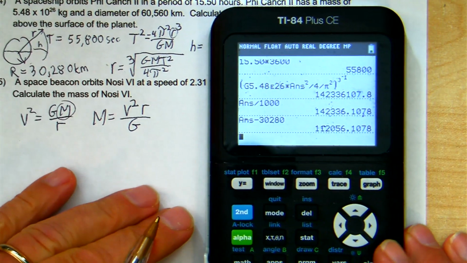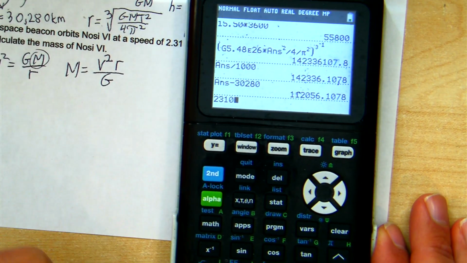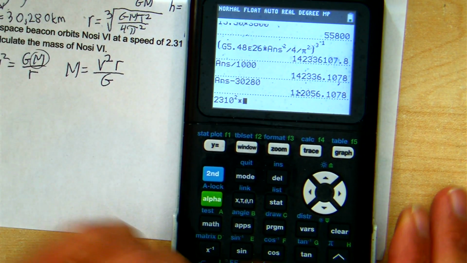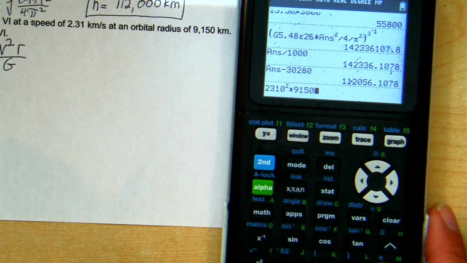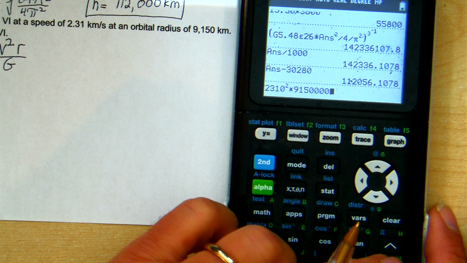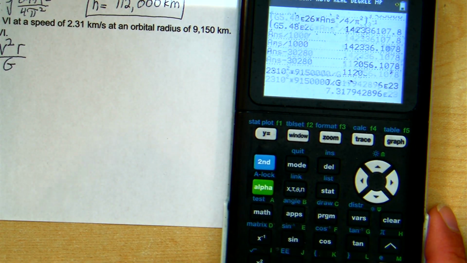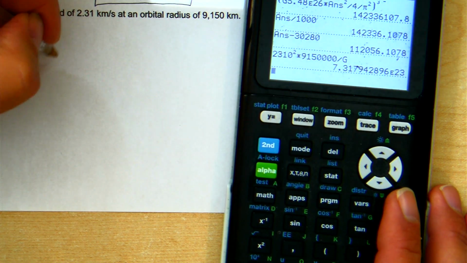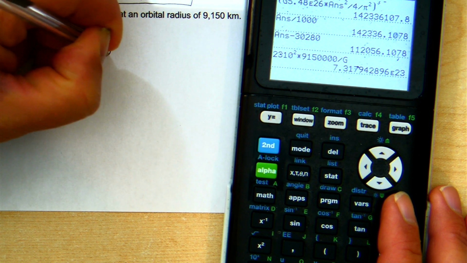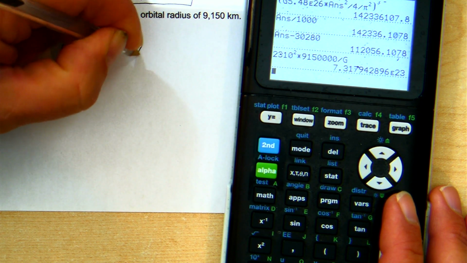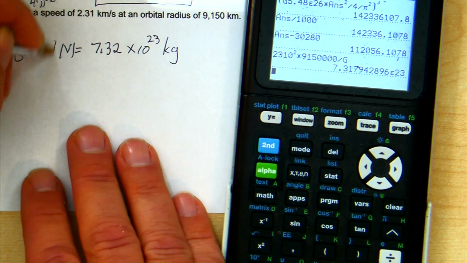Into my calculator, I would type in 2,310 squared times 9,150,000 meters, divide by the universal gravitational constant, and I get a mass of 7.32 times 10 to the 23rd power kilograms.